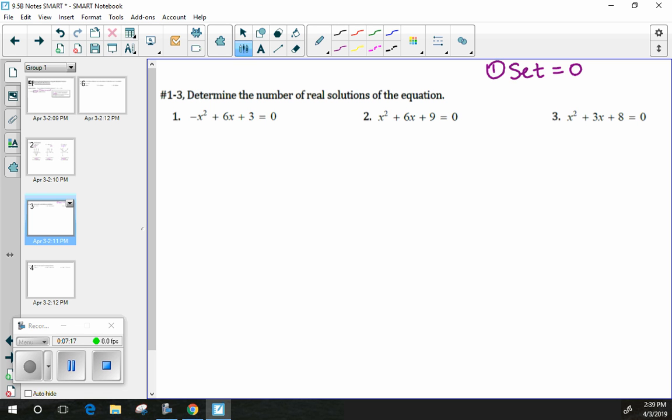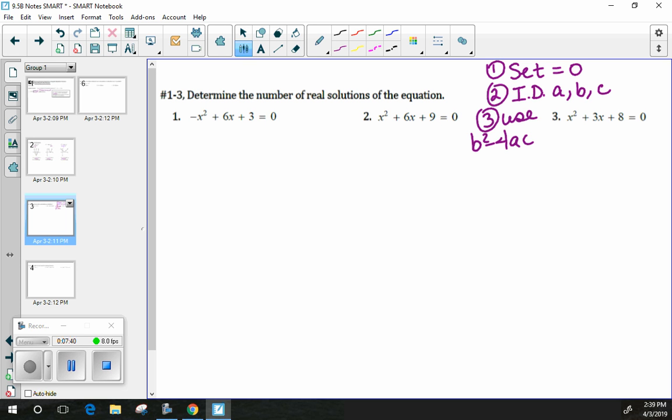Number 2, identify what A, B, and C are. And then for number 3, use that discriminant to make your decision about how many real solutions it has. That's kind of our game plan, right?